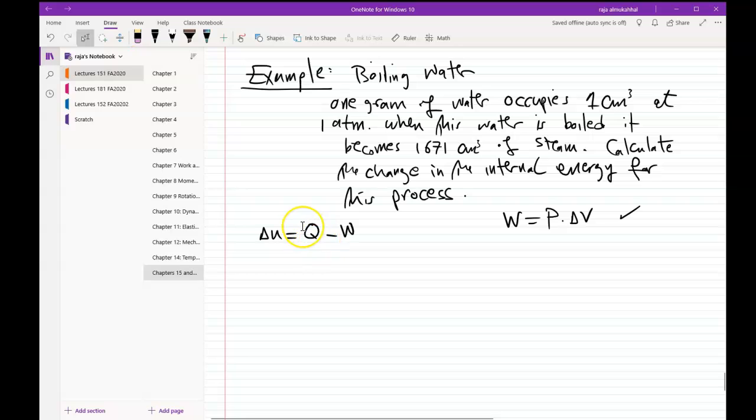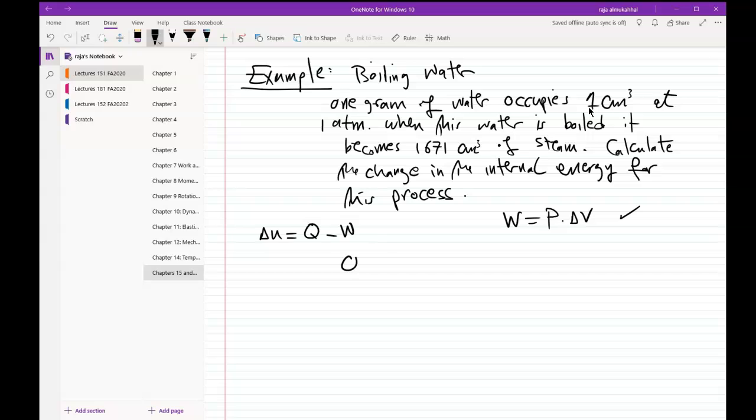The problem here is Q. Well, what is Q? I'm starting with 1 centimeter cubed of water, and now it's being converted into 1,671 of steam. So that's what we call the latent heat of evaporation. Make sense? So this Q is how much energy is needed to evaporate it.